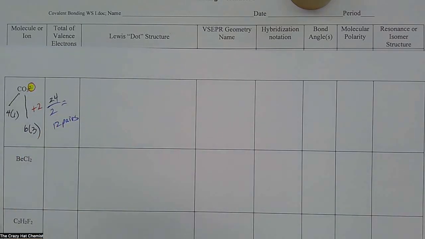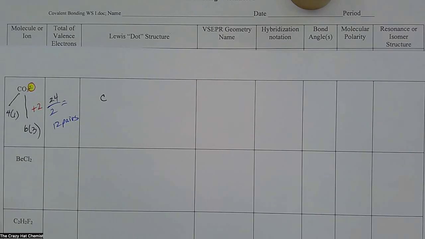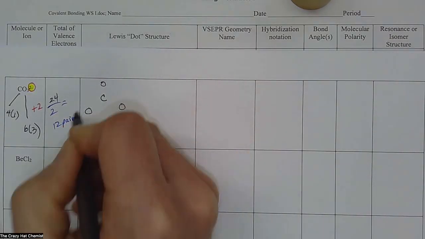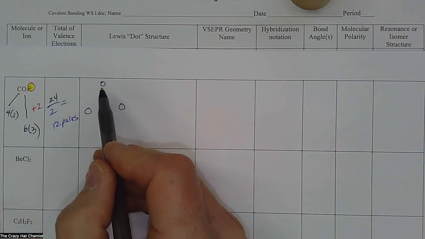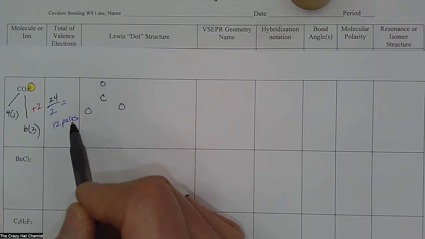The least electronegative goes in the middle. And so that would be the carbon. And then I'm going to place the other atoms around it. So we're going to have one here, one here. And we're going to place our 12 pair. Again, notice another thing that I have not done is I have not drawn the bonding bonds yet at all.